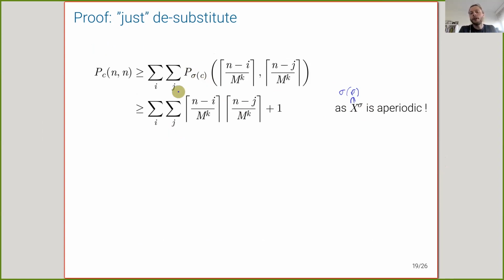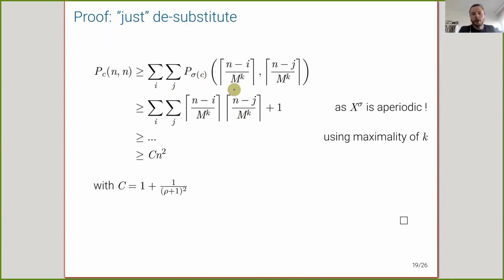So by our bound with Cassaigne, we know that the complexity of this configuration is mn plus 1, or here ceilings times ceilings plus 1. And then we just have to compute this sum. And when we do this, we happen to find something in n square. Well, there are other terms, but we don't really care about them.